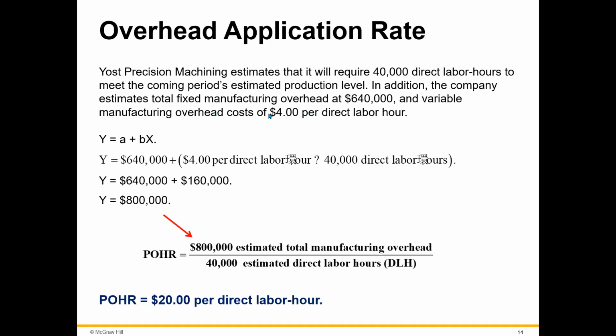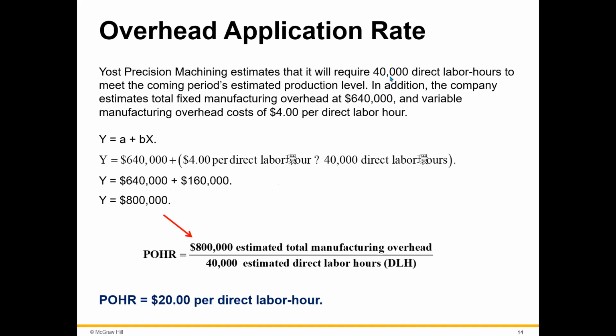This information, again, we need to do separately in other scenarios to come up with all of these estimations. Now we are using this information to get the total overhead, so total estimated overhead, fixed plus the variable. The variable, we got by multiplying the $4 rate and the 40,000. Be careful.